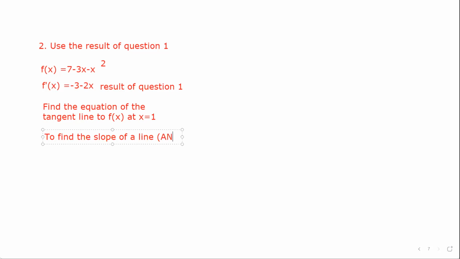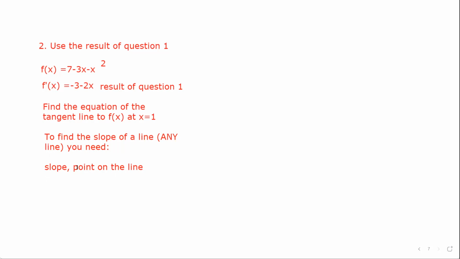Any line, at any time, you need a slope and a point on the line. Sometimes they give you 2 points on the line. Then you get the slope and then you use the point on the line to help you. But you need these 2 things.